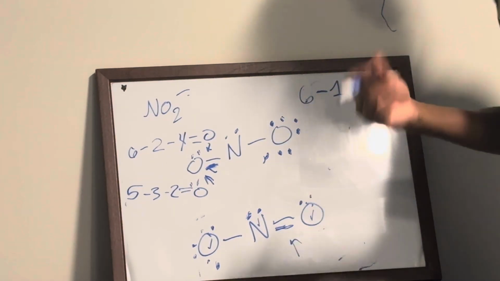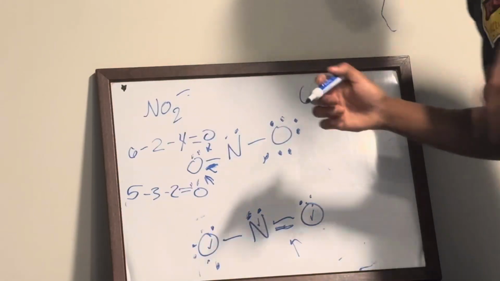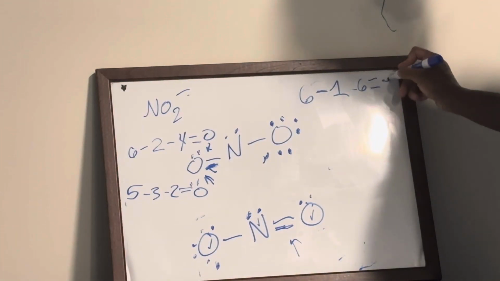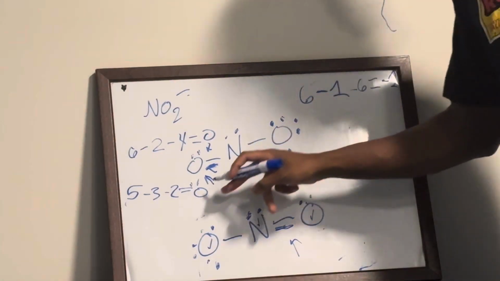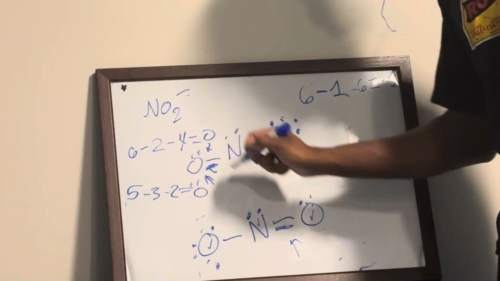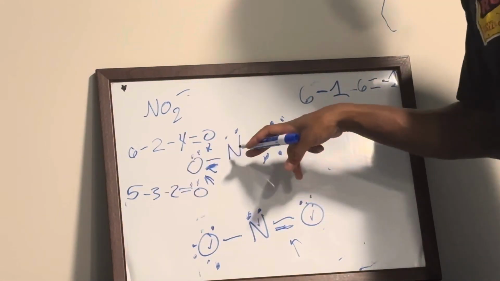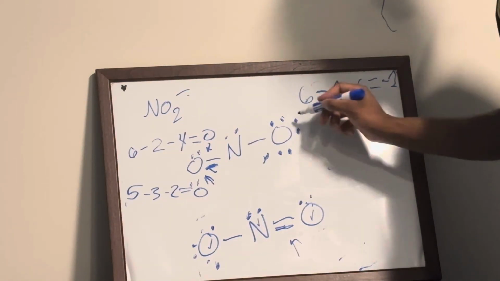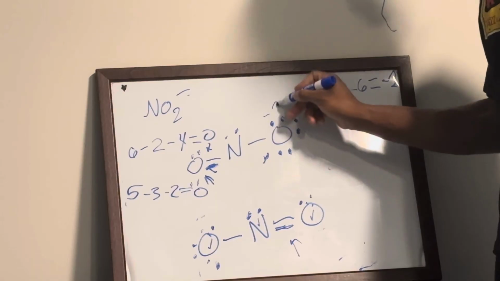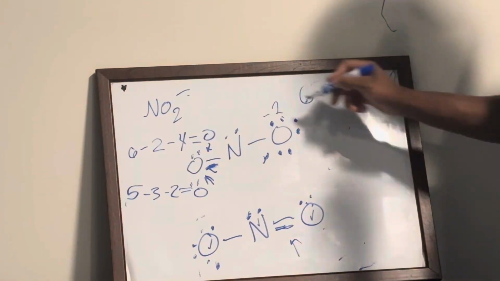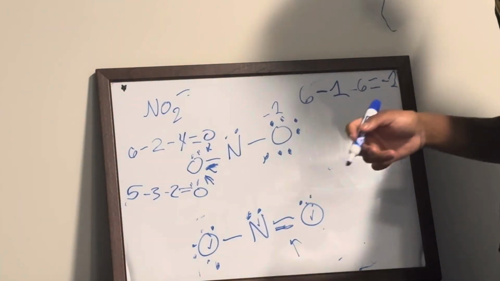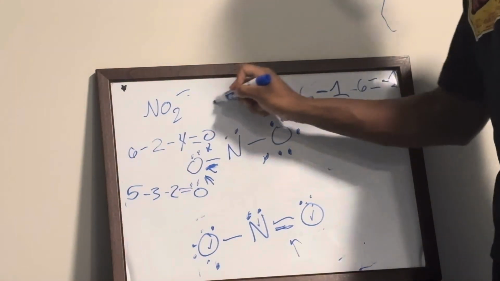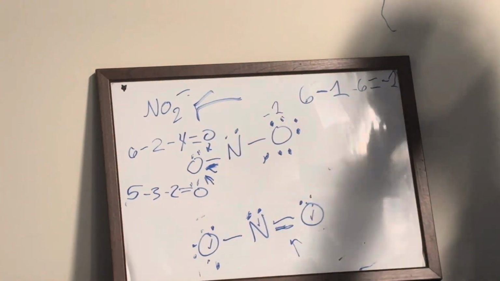There's 6, so 3 lone pairs, minus 6 electrons. And that gives us a charge of -1. So we have 0 for the oxygen, 0 for the nitrogen, and this oxygen has a -1 charge. And we know we did this correct because 0 plus 0 minus 1 gives us a -1 charge for the entire thing.